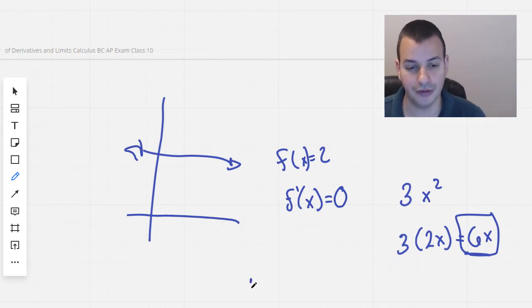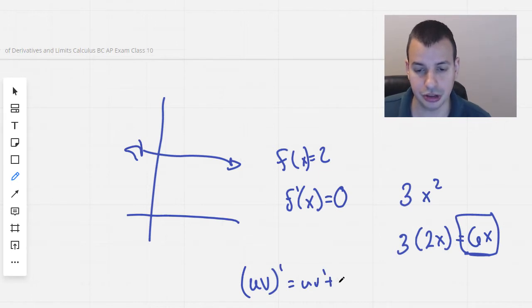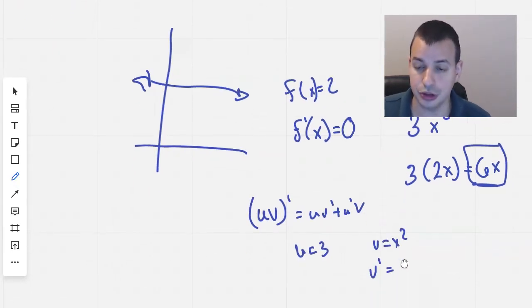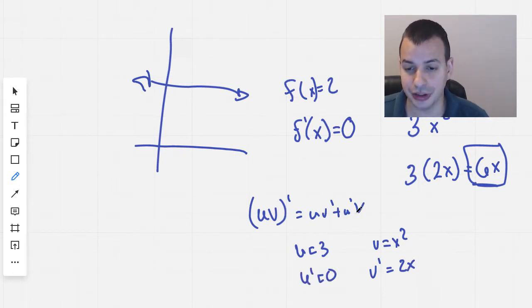One part of the product rule equals u v prime plus u prime v, where I said u equals 3, v equals x squared, v prime equals 2x, and u prime equals 0. Well, u prime equals 0 times v is just 0.